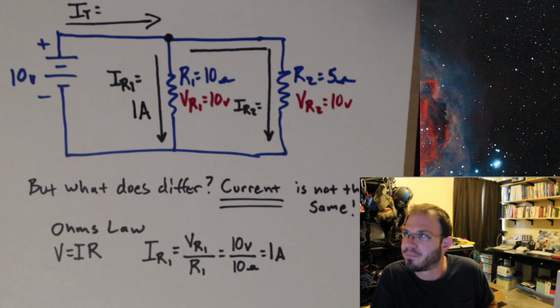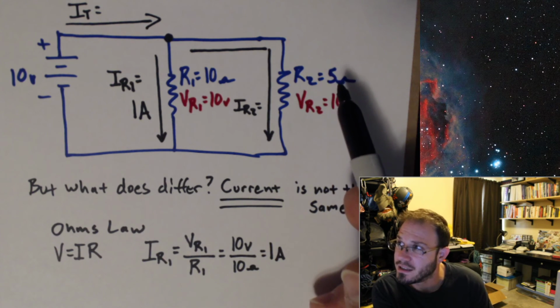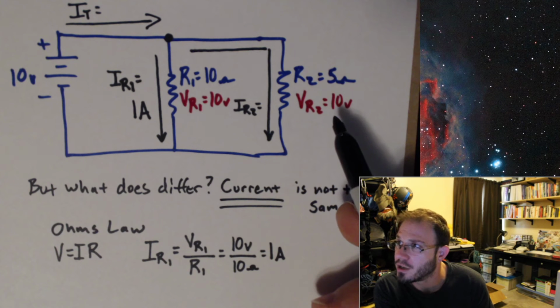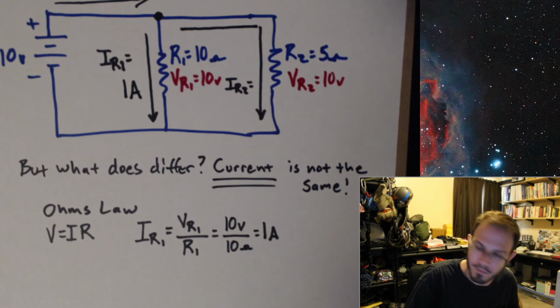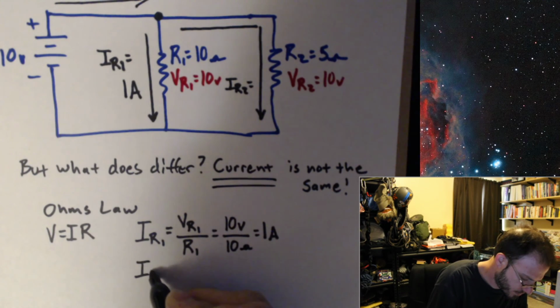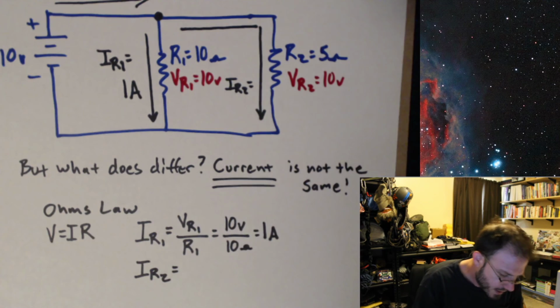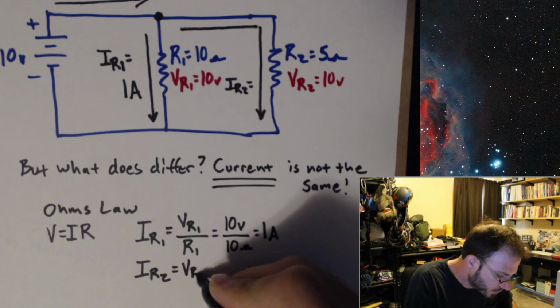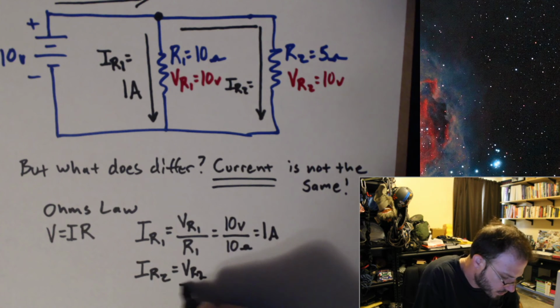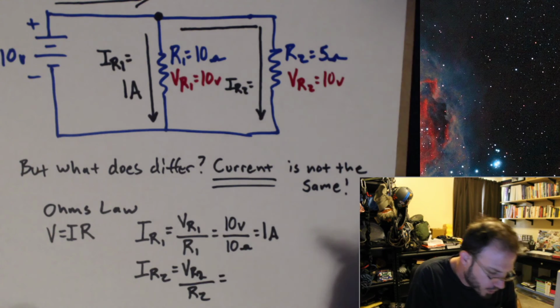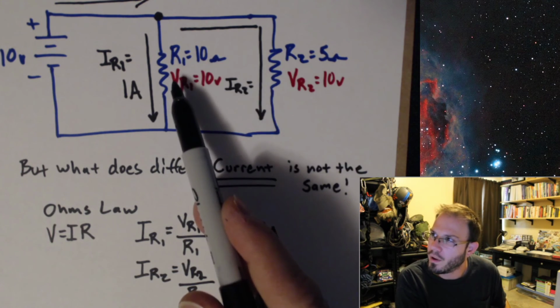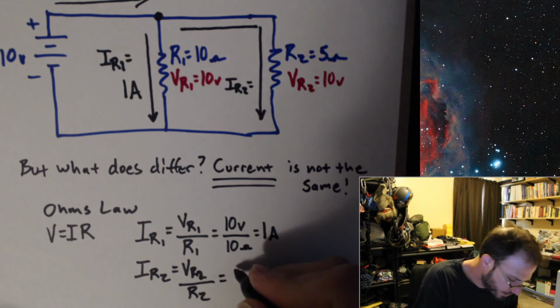All right, next up. Can we figure out what IR2 is equal to? Yeah, of course, it's the same exact thing. Just Ohm's law. We have the resistance of R2. We have the voltage drop across R2. We can find our third property, IR2. IR2 is equal to VR2 divided by R2. The voltage drop across it, again, it was in parallel with this, so we knew that it was 10 volts.